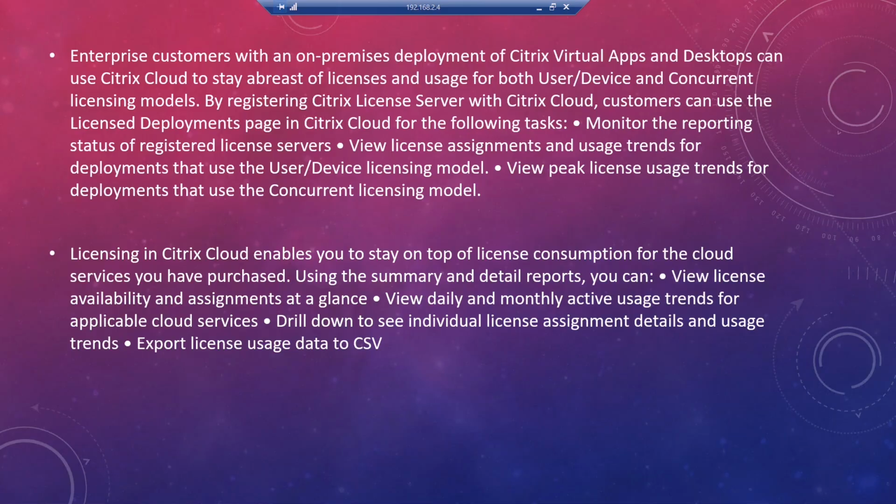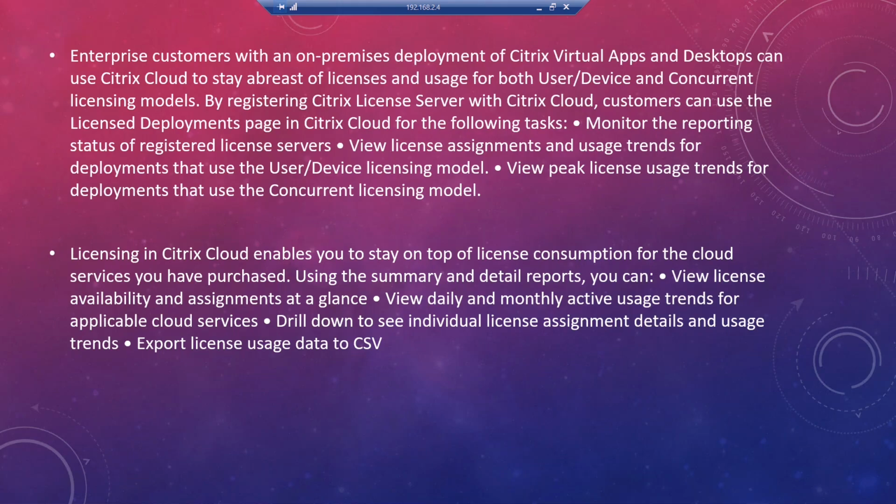By registering the Citrix license server with Citrix Cloud, customers can use the license deployments page in Citrix Cloud for the following tasks. Monitor the reporting status of the registered license servers, view license assignments and usage trends for deployments that use the user/device licensing model, and view peak license usage trends for deployments that use the concurrent licensing model.